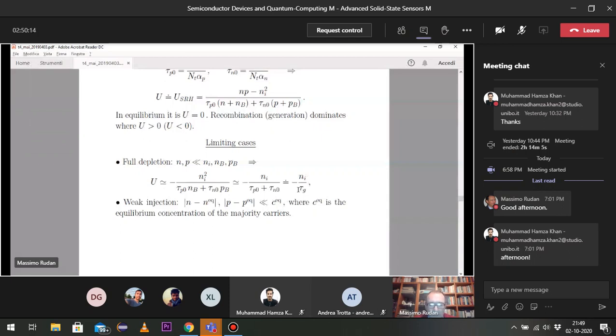Both these quantities must be much smaller than the equilibrium concentration of the majority carriers, that is indicated here with the general symbol C equilibrium, because we did not specify yet whether we are in a P region or in an N region, okay? So the weak injection condition must be calculated twice because it changes depending on being in an N-doped or P-doped region, okay? So we had to perform the calculation twice.